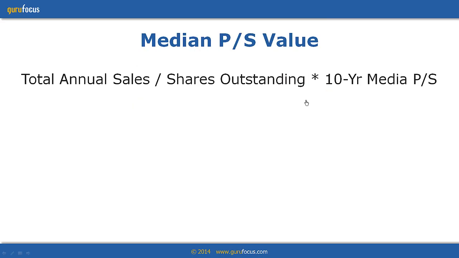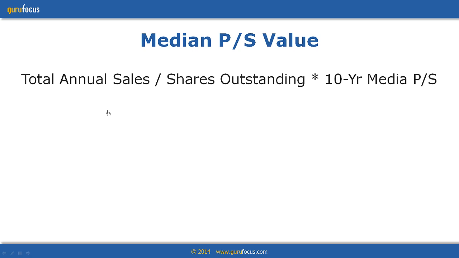Now, another model that's very common is known as the median price to sales value, and this is really common with retail stocks. If you're looking at a Best Buy or a Kohl's or Macy's, any of these large retail stocks, they tend to move more based on sales versus bottom line profits like a lot of other companies.